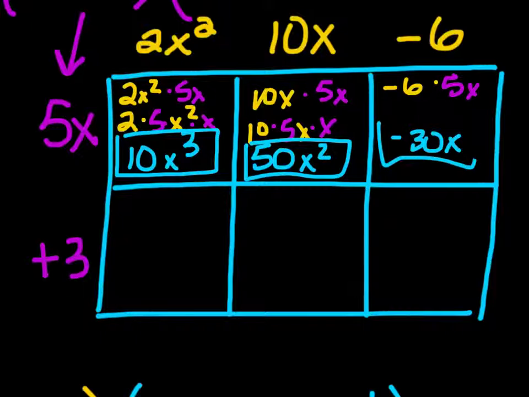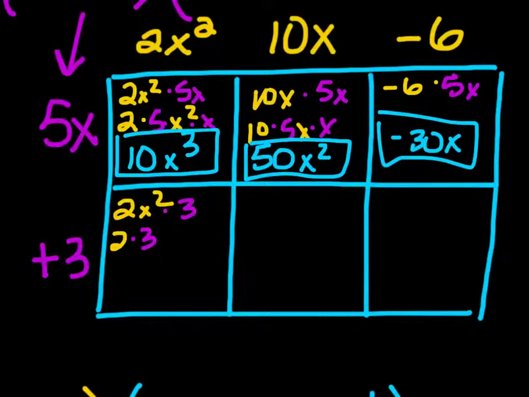Let's go down and do another box. We're going to go down to the bottom left-hand corner. We have 2x squared times 3, which is essentially 2 times 3 times x squared, or 6x squared.